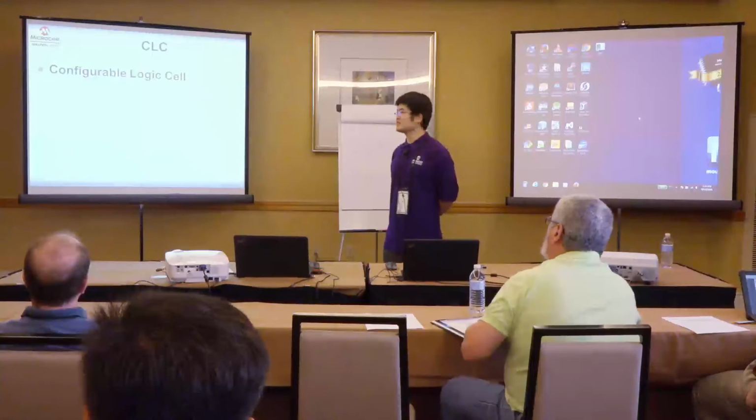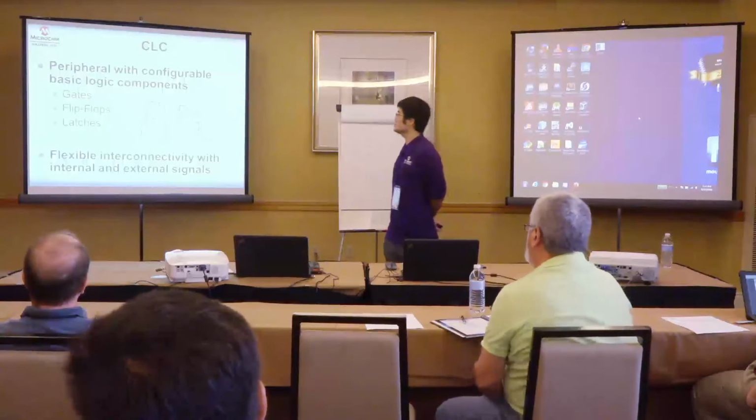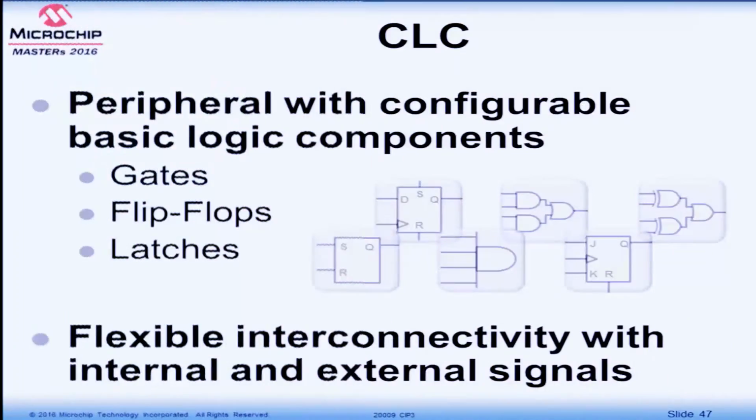So what does this actually is? It is a peripheral with configurable basic logic components: different gates, flip-flops, and latches. Usually if you need those, you would just buy some discrete components like 7400 series, right?